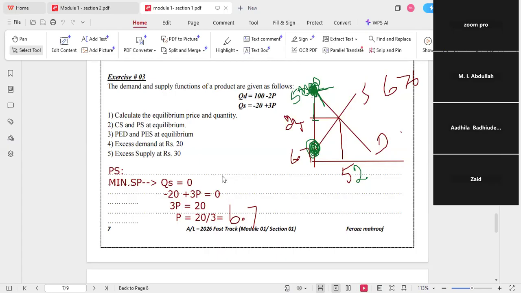Then the producer surplus equation. Producer surplus is equal to QS into (seller's price minus minimum supply price) over 2.